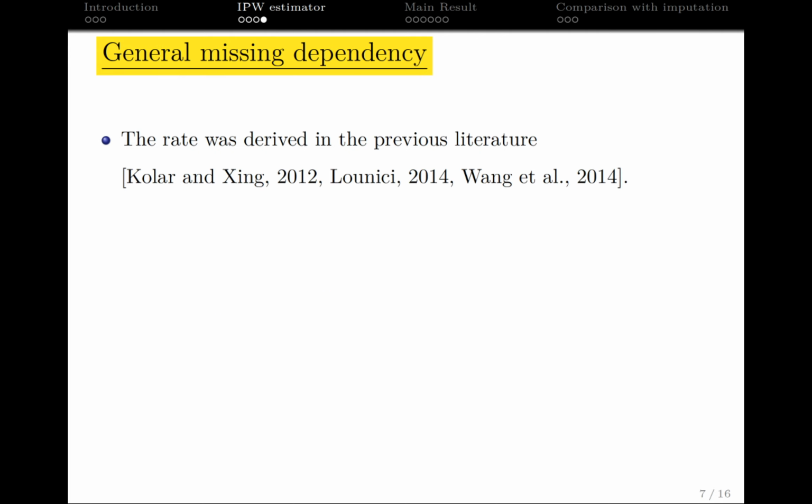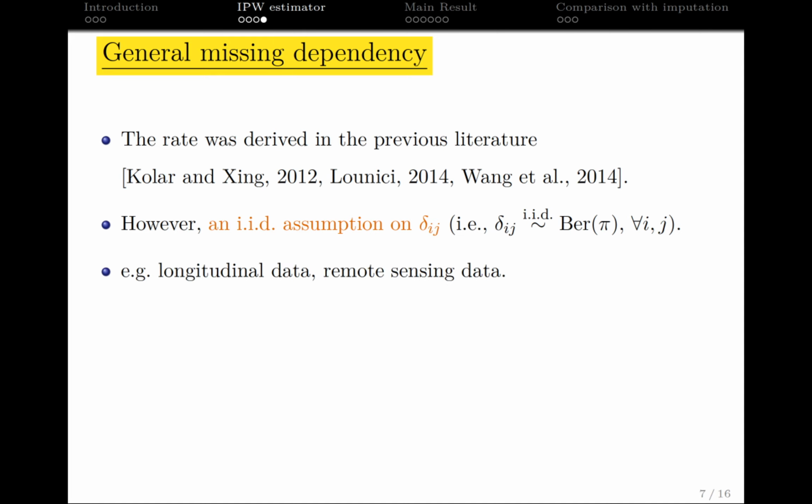There have been different approaches to prove this rate, but they assumed missing happens independently across the variables. This may not be the case if you think of longitudinal data where one patient is not followed up after some point.